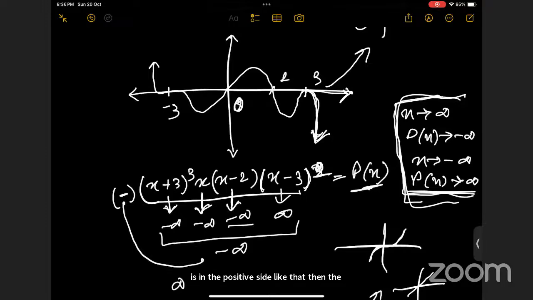With the highest degree term, if there is a negative coefficient, whether it is odd or even doesn't matter, then only the curve can tend to minus infinity when x is tending to infinity, right? So the minus is applicable to all the expressions. That means I can see that x plus 3 the whole cube is also definitely having a negative sign.